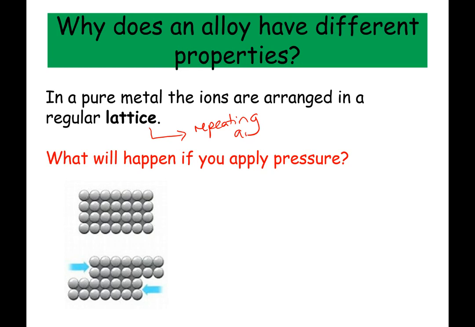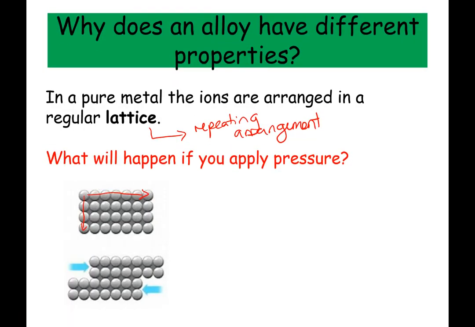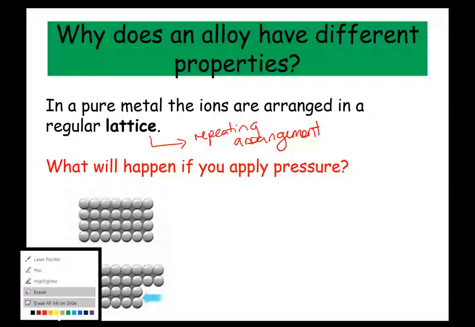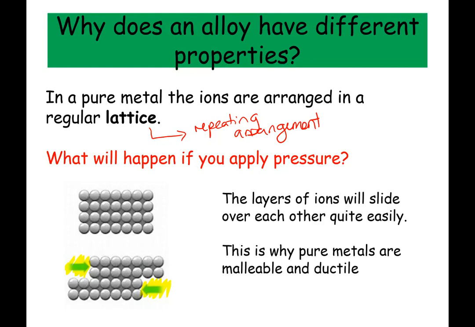Okay, so we can see in the diagram below, in the pure metal, that the ions are arranged in columns and rows, and they're very neat and very ordered, almost as if they're people standing in lines. Okay. What this means is that when we apply pressure to those ions, it's very easy for them to slide over each other and move about.